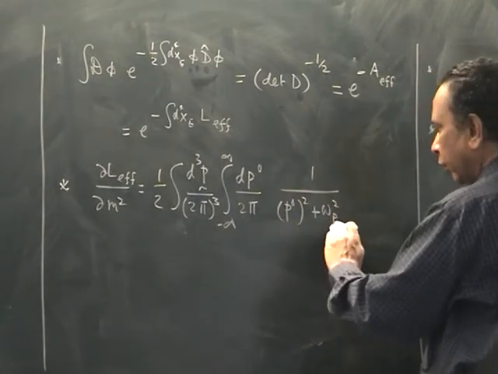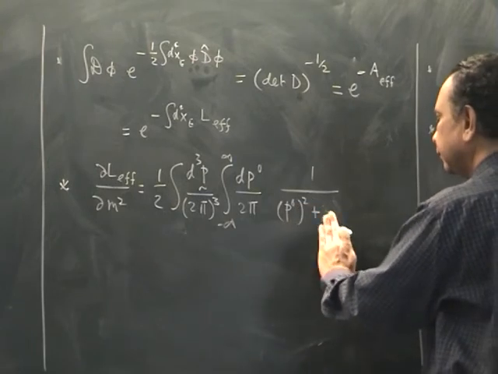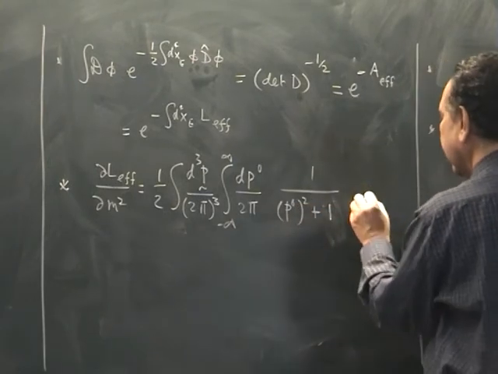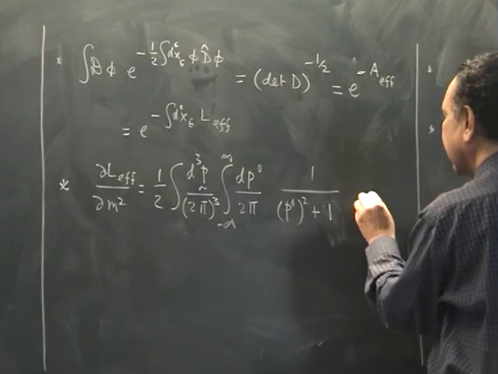So take an omega p square outside. So this is 1 plus, you have an omega p square outside.